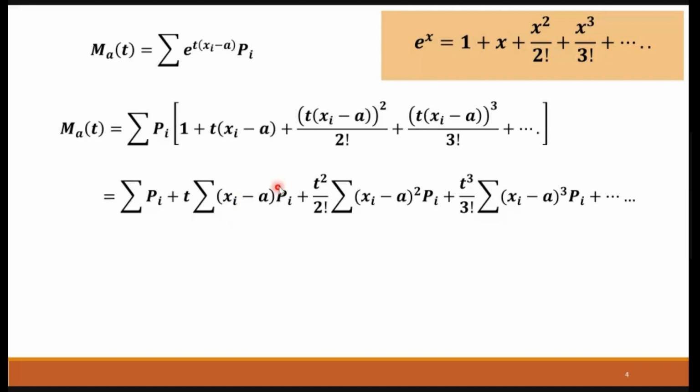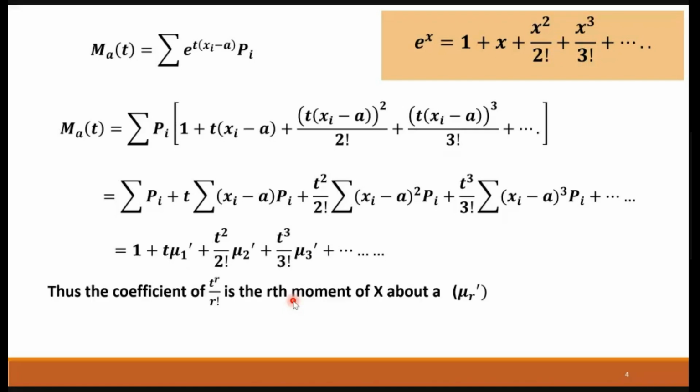So I can write this expansion, and summation of pi is always equal to 1. Summation of pi is always equal to 1. So we will get t into this summation is mu 1 dash, this is mu 2 dash, mu 3 dash. Okay, so which means that the coefficient of t raised to r upon r factorial will be mu r dash.